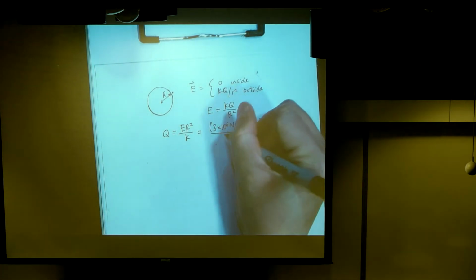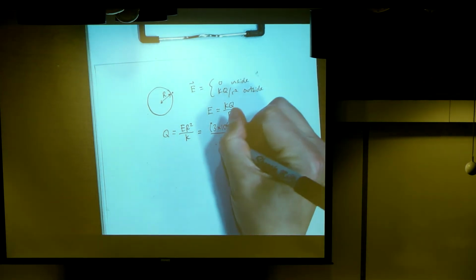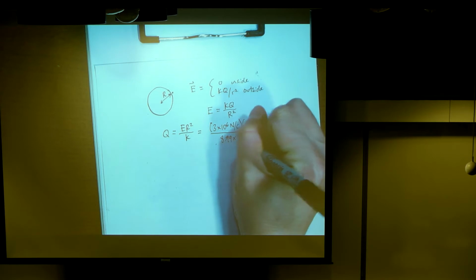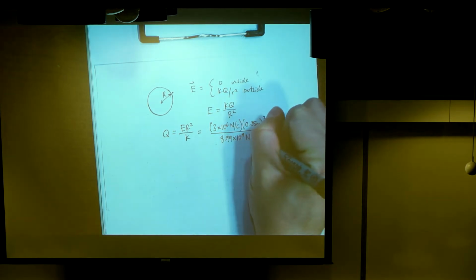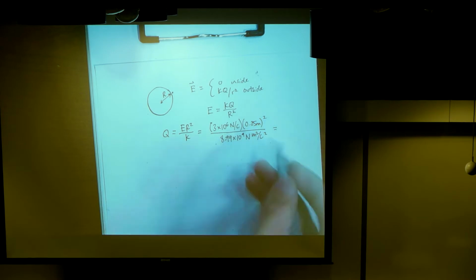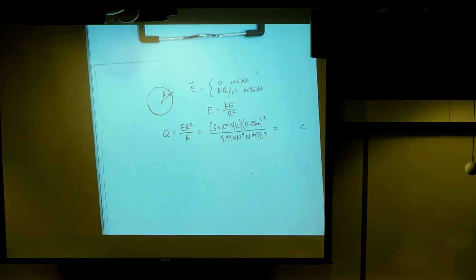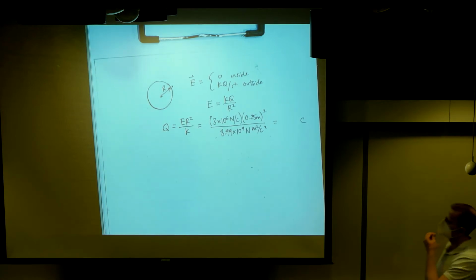Anyone remember the value of k? 8.99 times 10 to the 9 newtons meters squared per coulomb squared. So if you take a look at the units, you can convince yourself that only coulombs will be left over. Newtons and meters will all cancel.